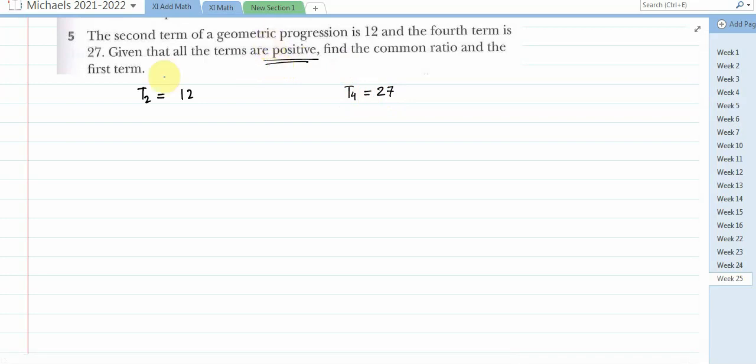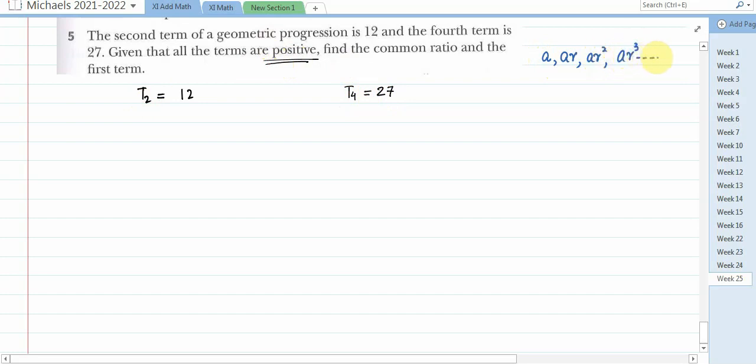Alright. Since I told you in the last part, for a geometric progression we have the first term a, the second term ar, third term ar square, fourth term ar cube, and it goes on. That is my second term and that is my fourth term. So instead of t2 I can place ar equals 12.